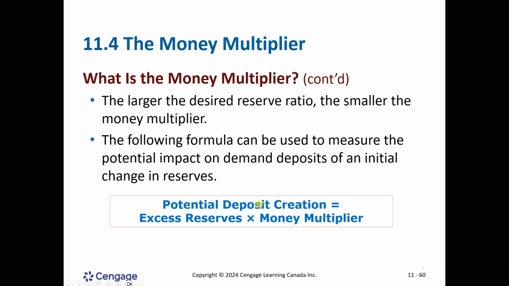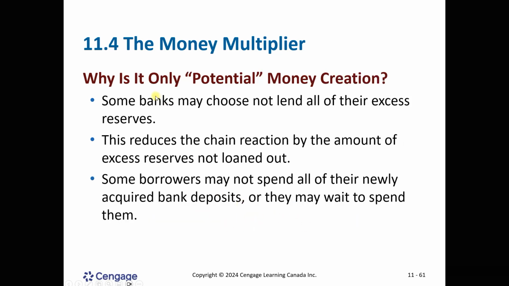Now, why do we call it potential? It's because it has the potential to attain that amount, but it is not 100% certain that it's going to attain that amount. Why? Because some banks may choose not to lend all of their excess reserves. Of course, this will reduce the chain reaction by the amount of excess reserve not loaned out.